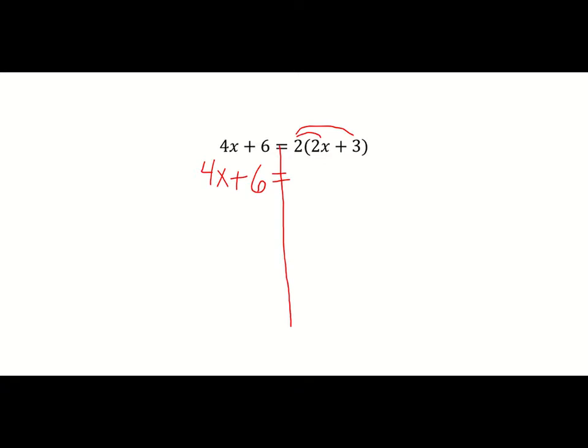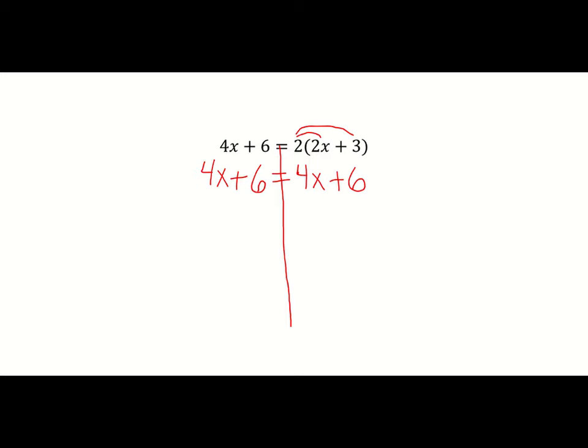So 2 times 2x would be 4x, and 2 times 3 would be plus 6. Once I've distributed and cleared my parentheses, I'm looking to see if I have any like terms on the left or on the right. In this case I don't. I have a single x and a number on each side.